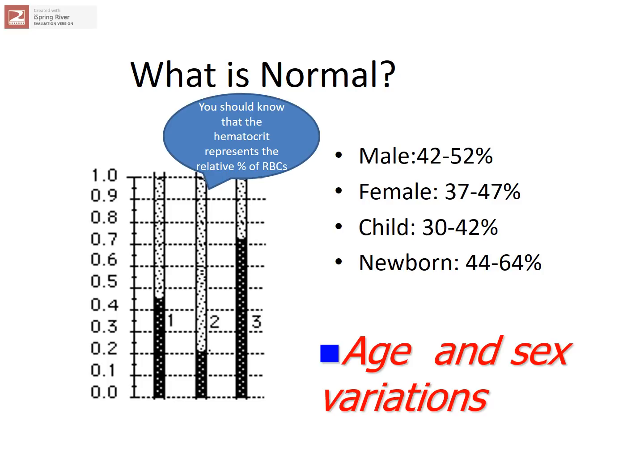You should also note that the reference or normal range is different for males, females, children, and newborns. So we see age and sex variation. Newborns tend to be a little bit dehydrated when they're born, so they have a higher than typical hematocrit as compared to, say, a child or an adult.